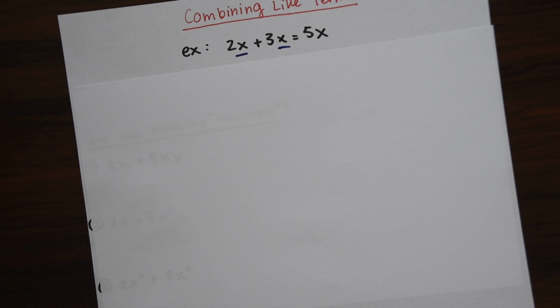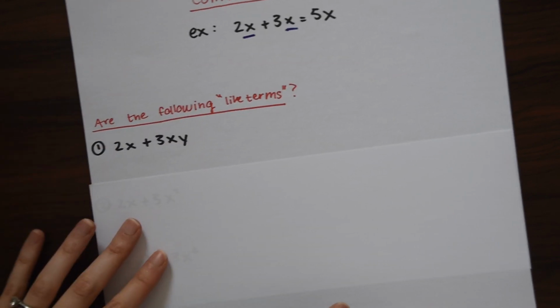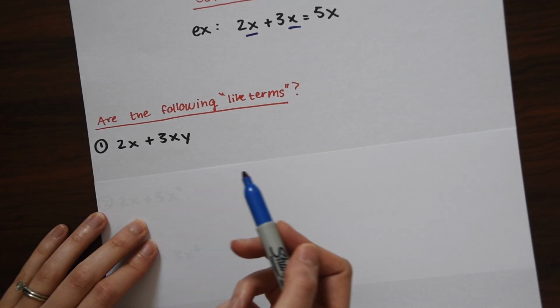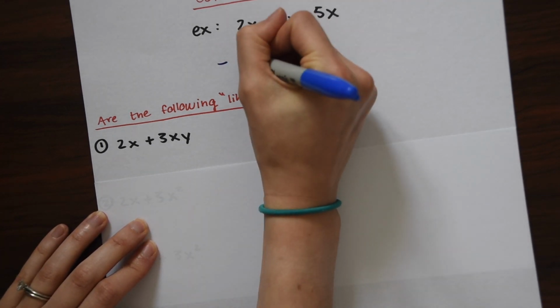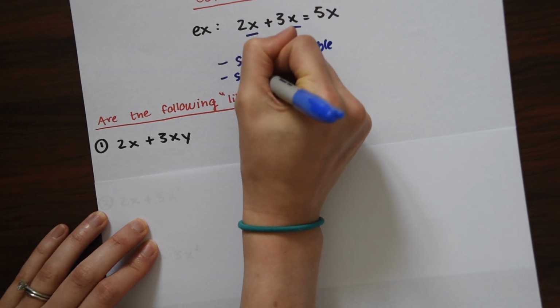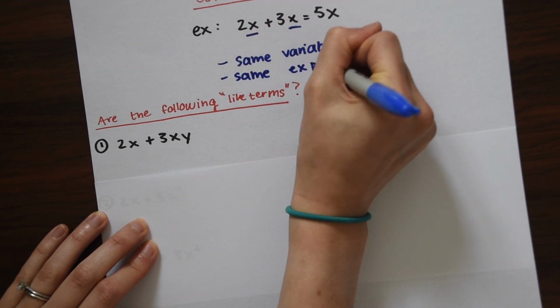So let's look at some other examples of combining like terms and decide whether or not we can combine them. Our first example is 2x plus 3xy. Remember, we need the same variable and the same exponent.